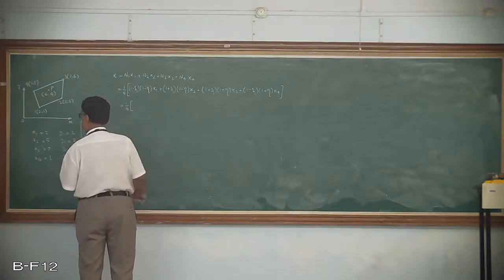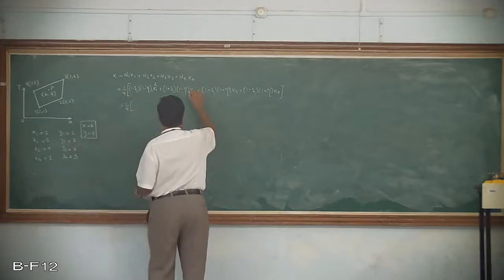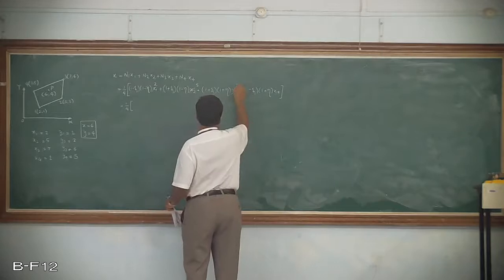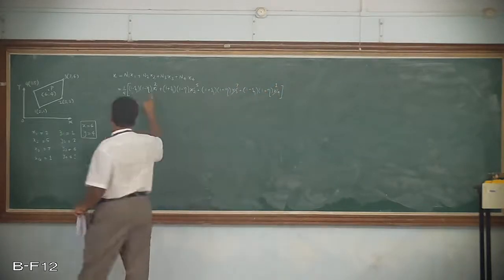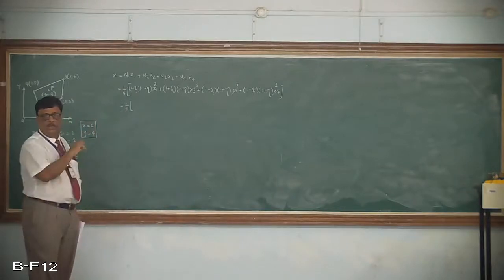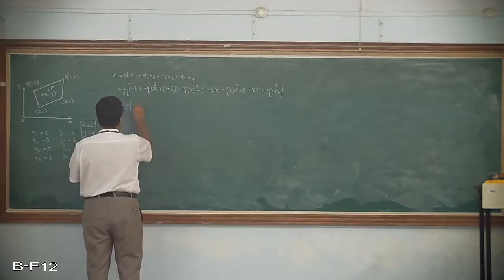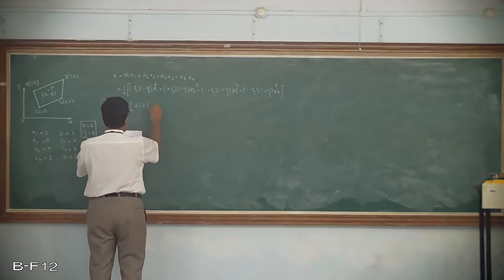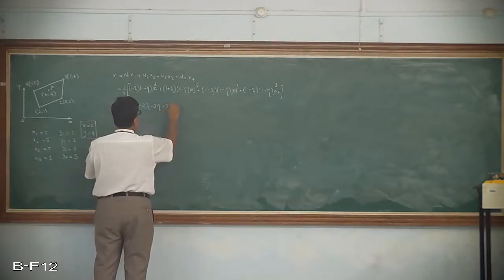The value of x1 is 2, x2 is 5, x3 is 7, and x4 is 1. So I will expand these brackets and multiply by these values. The first bracket is 2 minus 2 zeta minus 2 eta plus 2 zeta eta.